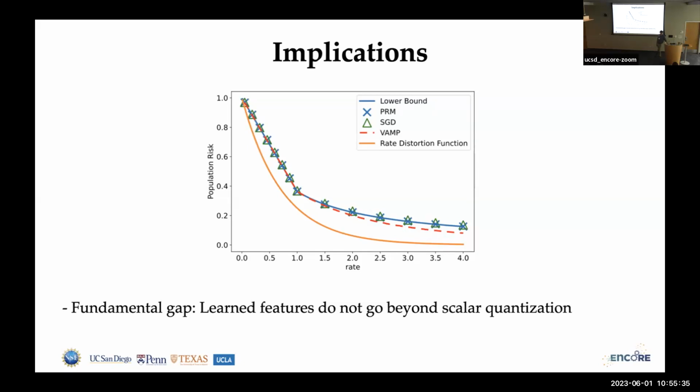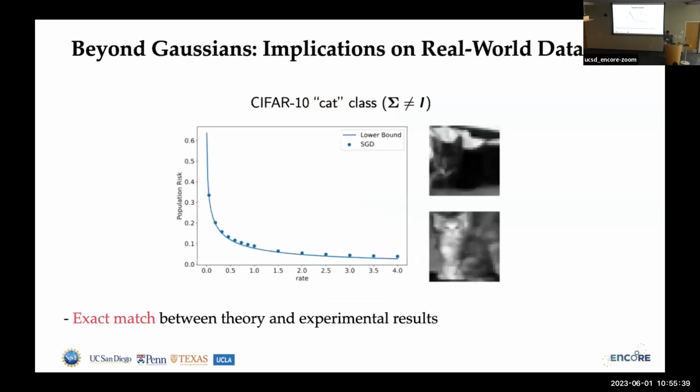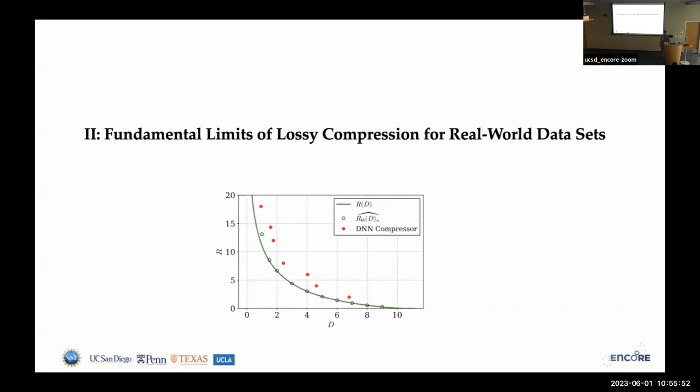And then secondly, our theoretical predictions are also exact if you use CIFAR or real-world data sets. For the second result, we can compute the rate distortion function for real-world data sets.